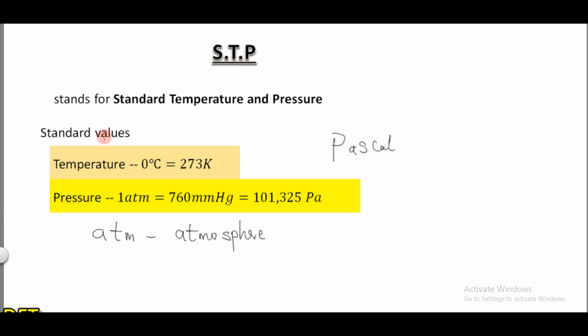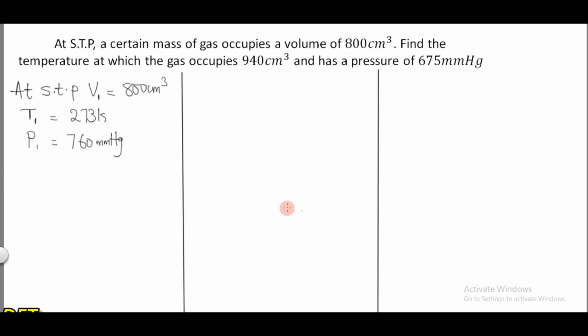I mentioned also before that standard pressure is 1 atm or 760 millimeters of mercury or 101,325 Pascal.